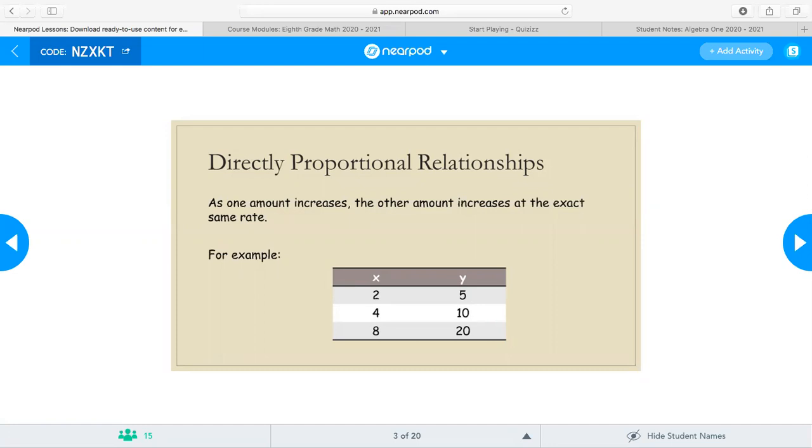As one amount increases, the other increases at the exact same rate. And the proportion between y and x are the same.